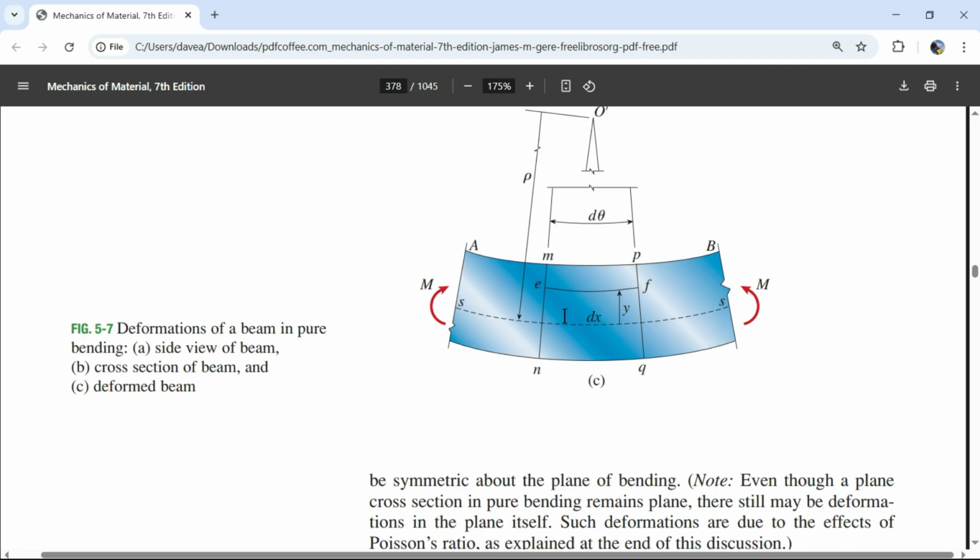So I can't just know the change in length. If I say this had the original length of dx, and I can get the length of this, even just the length of this doesn't tell me anything. The change in length still doesn't quite tell me anything. I have to get the percent change in length.